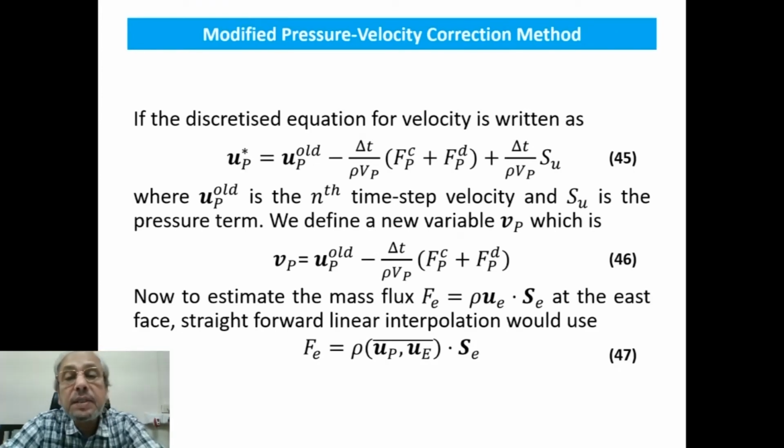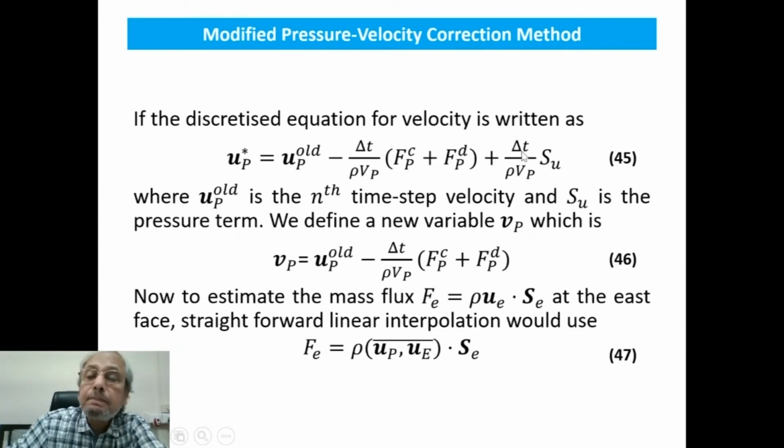If the discretized equation for velocity is written as UP star equal to U old minus delta T divided by rho into Vp, where uppercase V is the volume of the cell P, and these are basically convection and diffusion contributions.